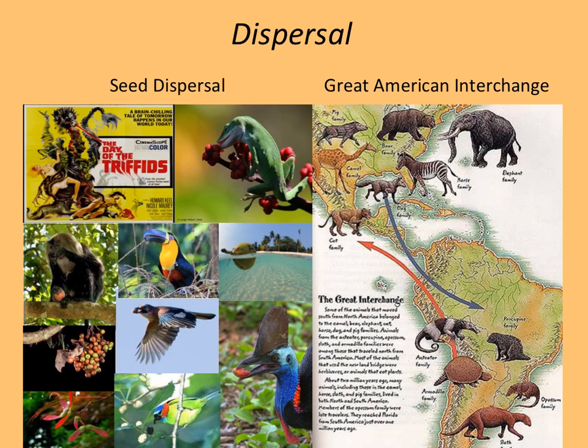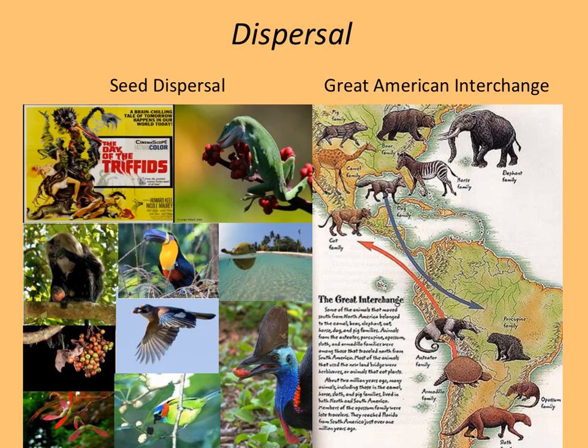Or they can be carried by wind, by water, all sorts of different things. So obviously plants can't pick up and decide to walk over somewhere else, so they have their babies do the dispersal. They say, go forth, prosper. Most of them die. And pollination is the same sort of thing.